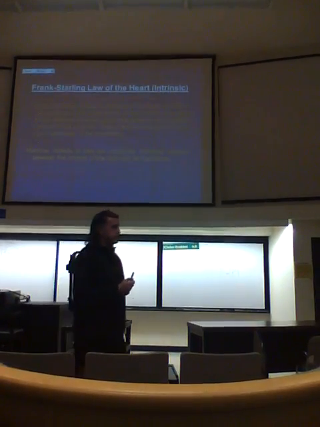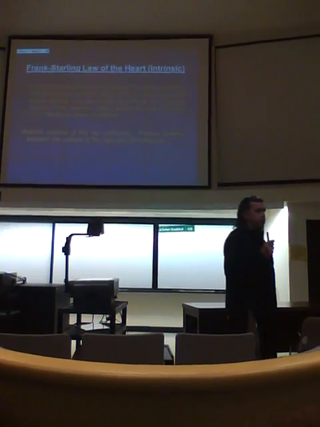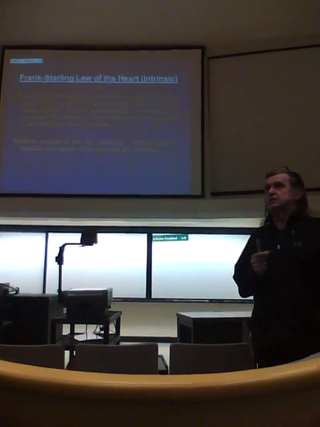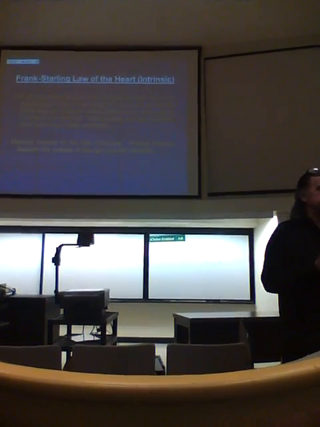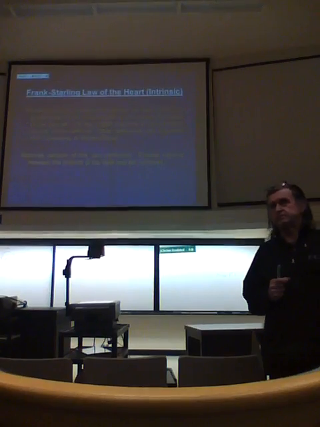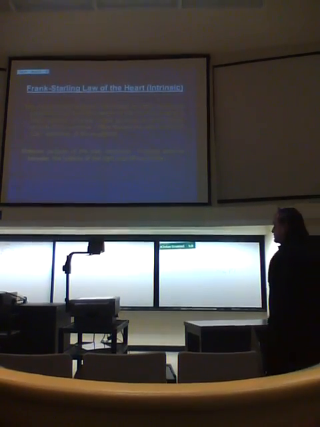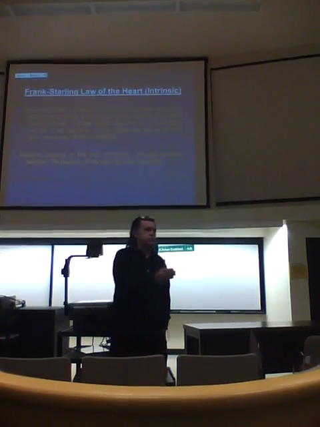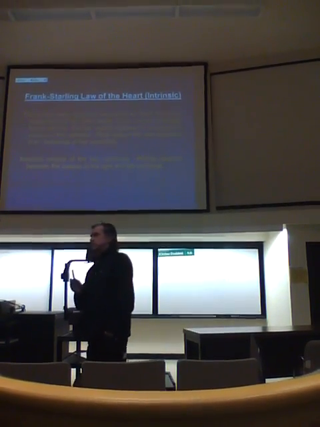Precise balance between the two ventricles. And I told you this earlier. In actual fact, on a beat-to-beat basis, the two ventricles can pump slightly different volumes of blood. But over 10 beats or so, things have to normalize so that both sides pump the same amount of blood.